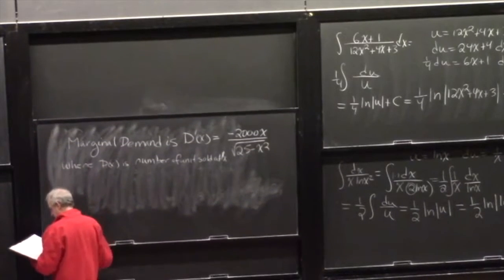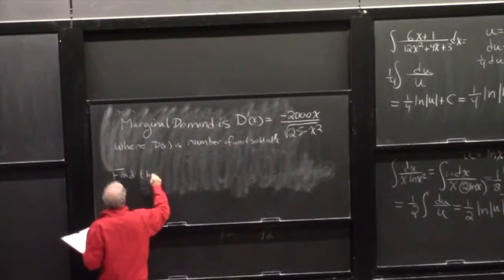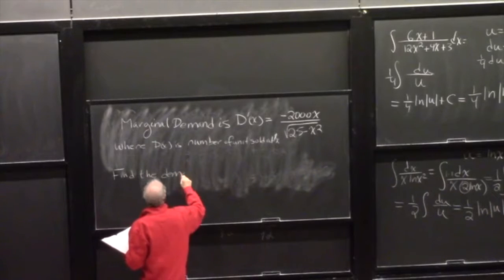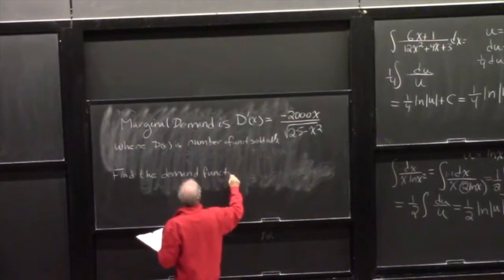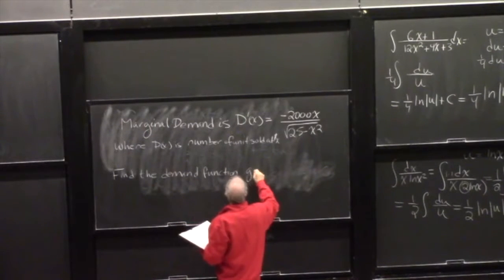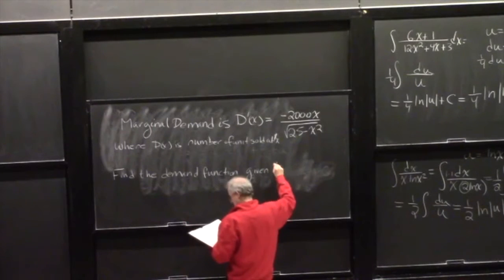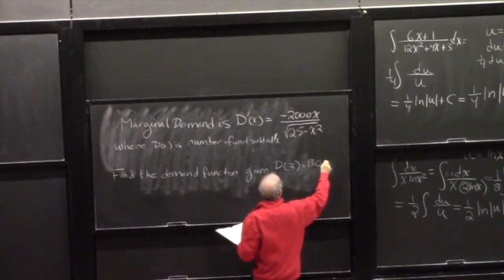Okay? So find the demand function. Not the marginal demand, the demand. Given that d of 3 equals 13,000.